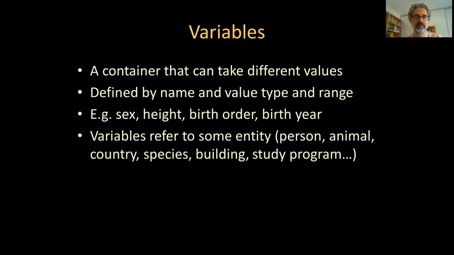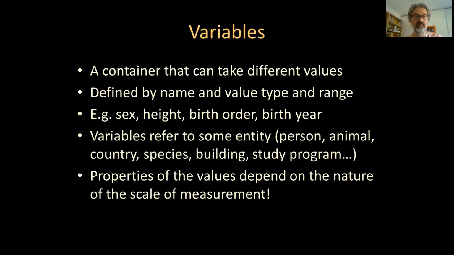So other people may study countries or species or buildings or whatever, but there's always an entity on which the variable is measured. And it's very important that we need to define and be aware of the properties of the values that go into the variable. And these depend on what kind of variable this is.